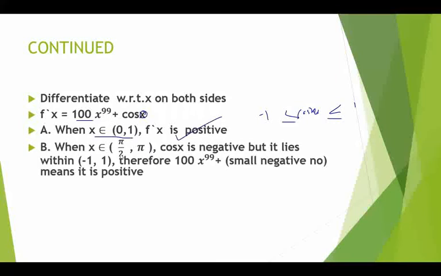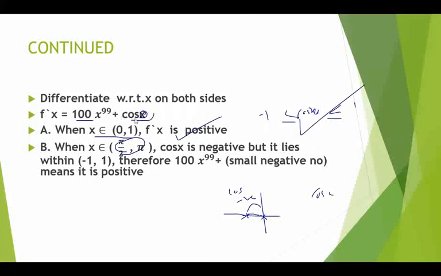Then, when x belongs to the range pi by 2 to pi, what happens? At pi by 2, that is cos 90, it will be 0. At cos 180, and for all values in the second quadrant, between 90 and 180, cos is negative. But cos x lies between -1 and 1, so it is a very small value.